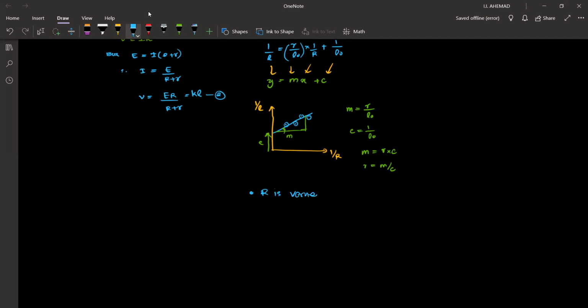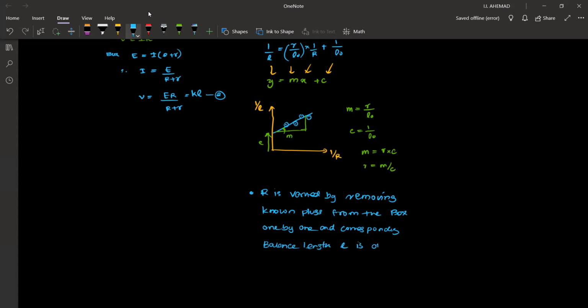R is varied by removing known plugs from the box one by one, and the corresponding balance length L is obtained.